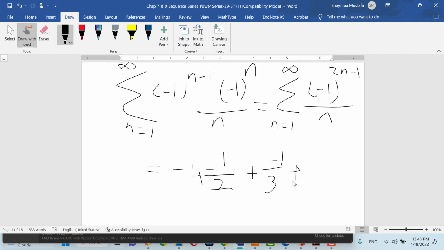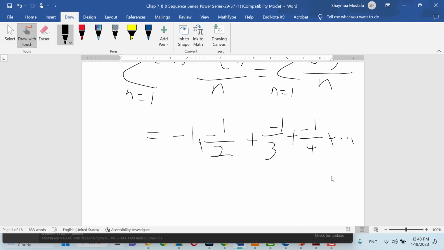At n equal to 4, it becomes -1 over 4. So if you notice, this series is always negative: the series of -1 over n, and so on.